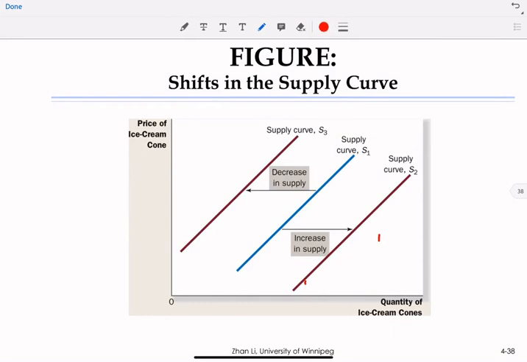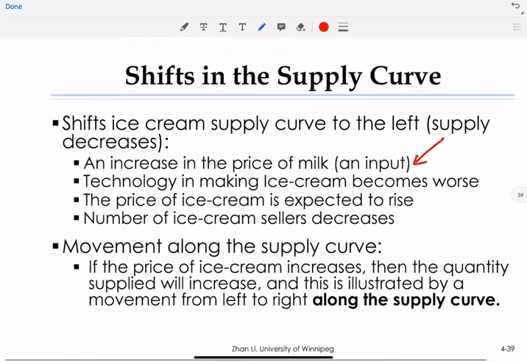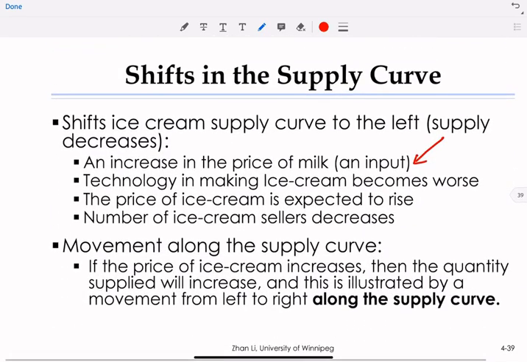Why is this the case? Well, if you look at this quantity, let's say this is 3, then you can see that sellers on this supply curve S3 charge a higher price compared with sellers on this original blue supply curve, right? So that's why an increase in input price will generate a decrease in supply.